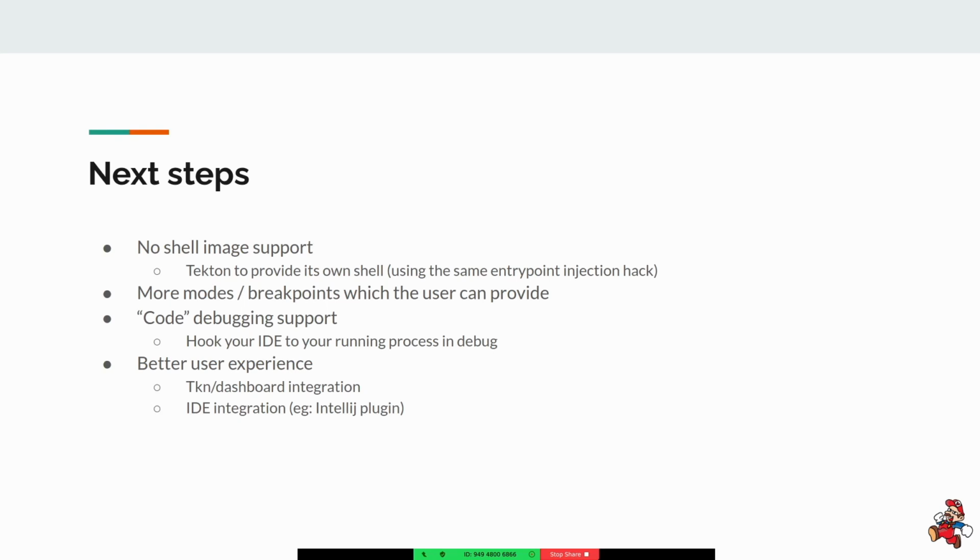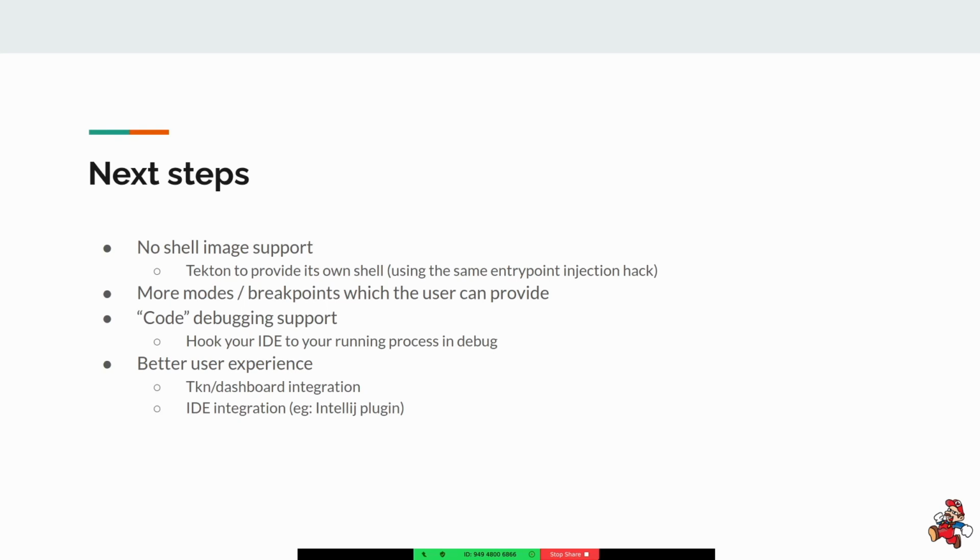So the flow would be something like: I run my pipeline, some end-to-end test runs, and my service is running and opening a port to debug. I would like to be able to hook my IDE onto this running process and just use my usual IDE debugging features there.